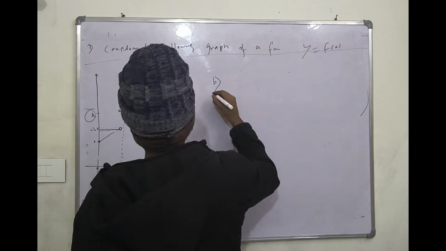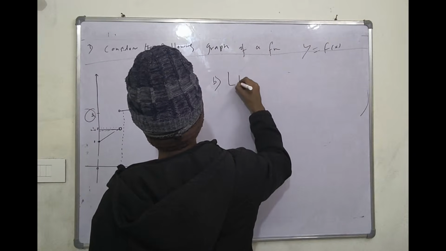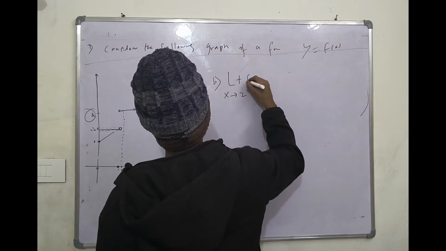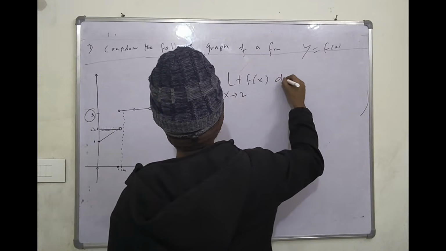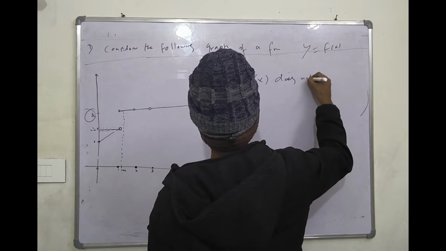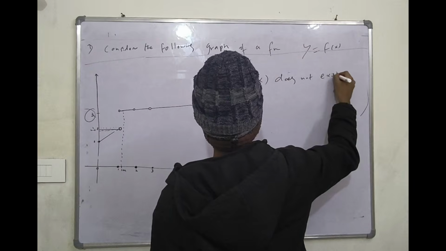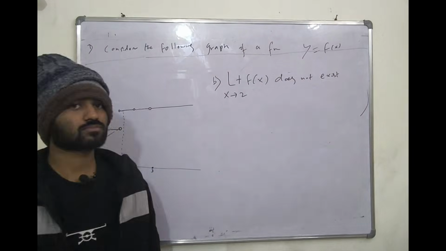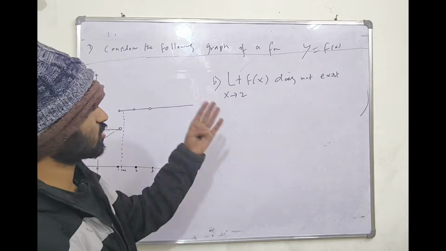So here B, limit x tends to 2 f of x does not exist. Option B, we should see whether it is the correct option or not.